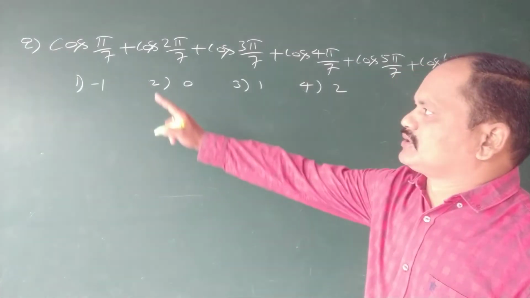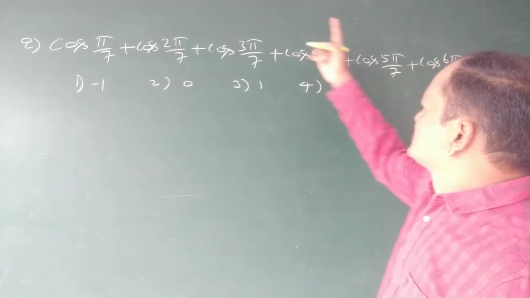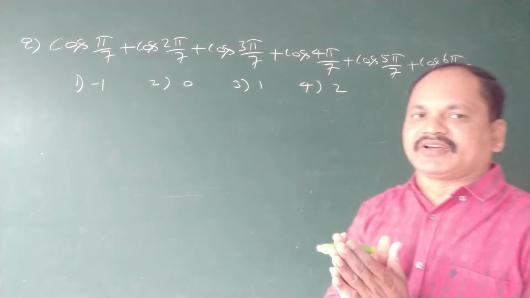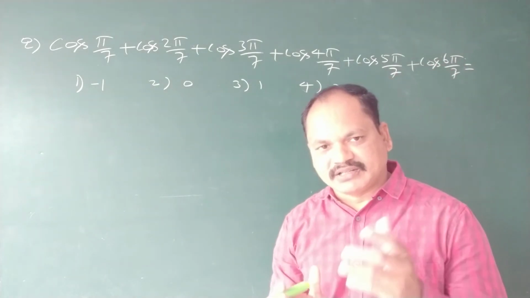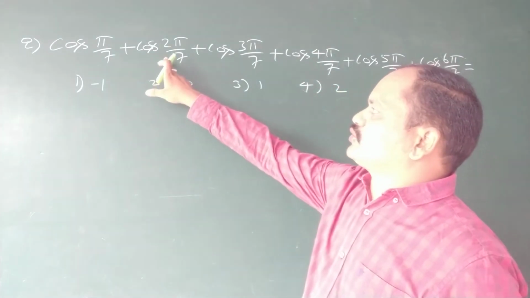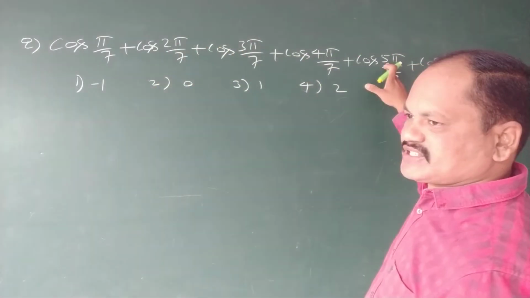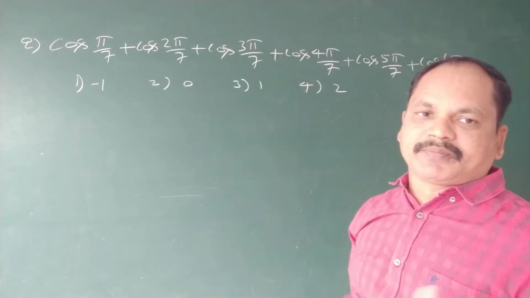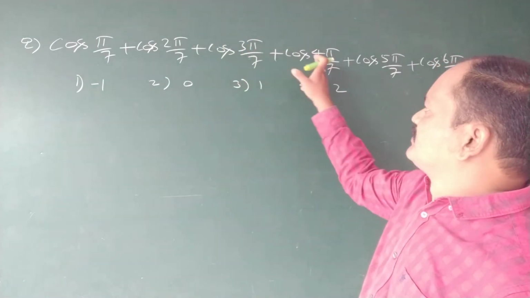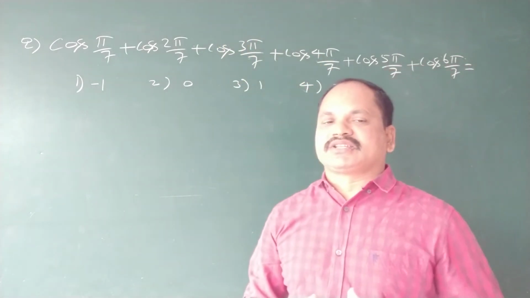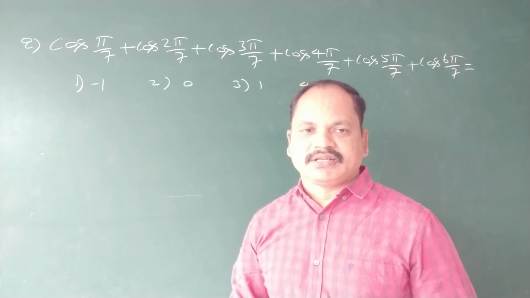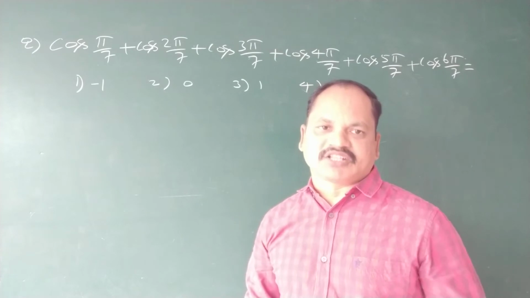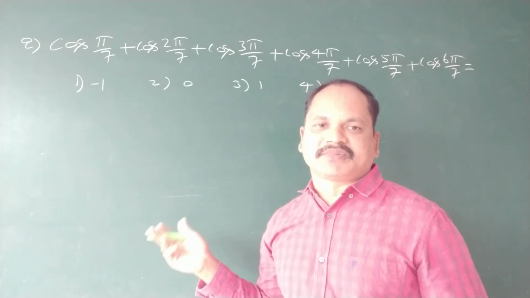Pi by 7 and 6 pi by 7 sum to 7 pi by 7, which is pi. Also 2 pi by 7 and 5 pi by 7 sum to pi, and the other two do as well. If alpha plus beta is pi, meaning 180, then cos alpha plus cos beta is 0. According to that concept, the answer is 0.